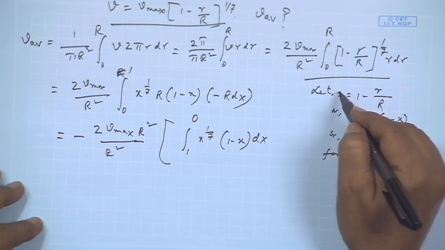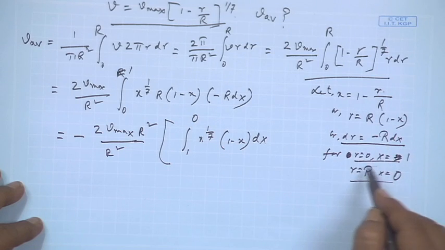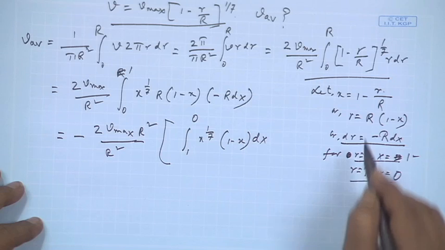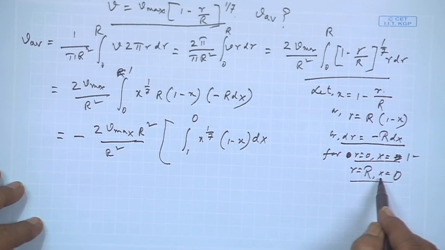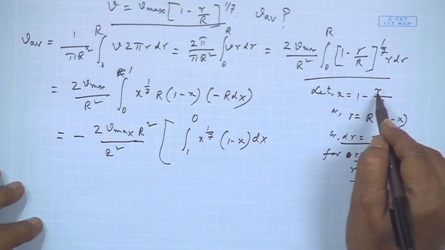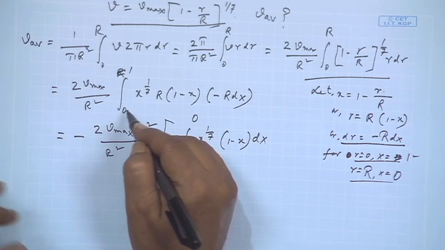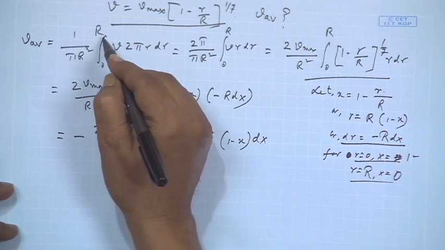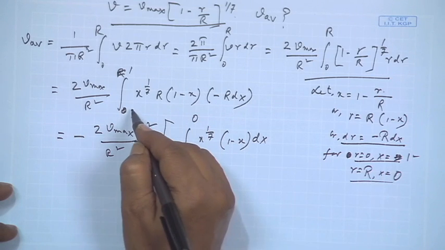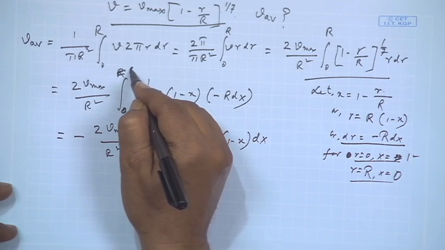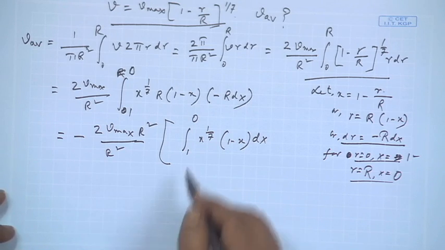That is what the problem was earlier; it should have been that. So, for r equal to 0, x becomes 1, and for r equal to R, x becomes 0. So, this was our original limit, 1 to 0.